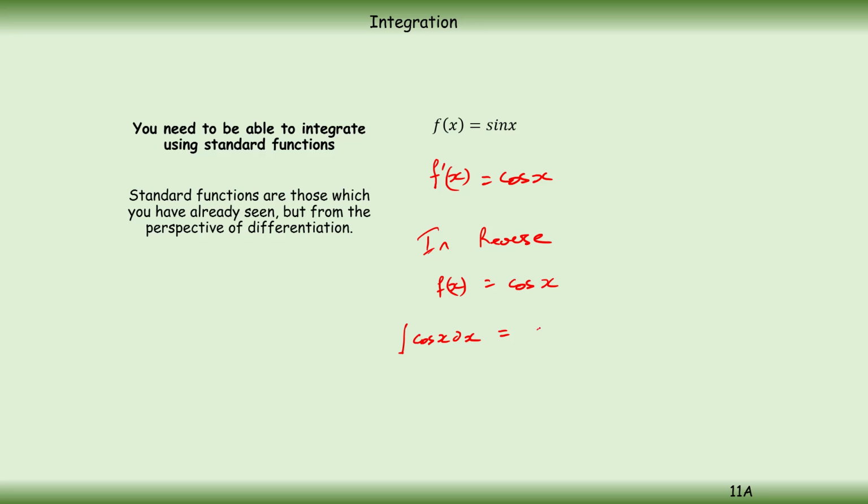We get sine of x. And there's something missing. Is that constant? Always got to remember to put our constant in. So this is a standard function, and we've reversed it. So hit pause, copy this example down. Once you've done that, we'll have a look at another one.